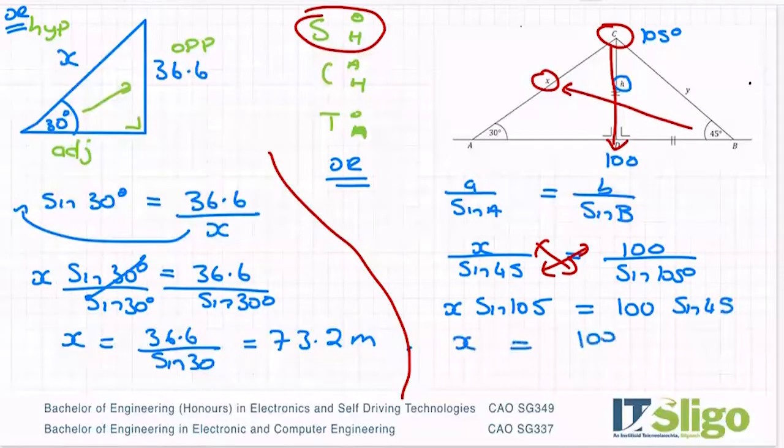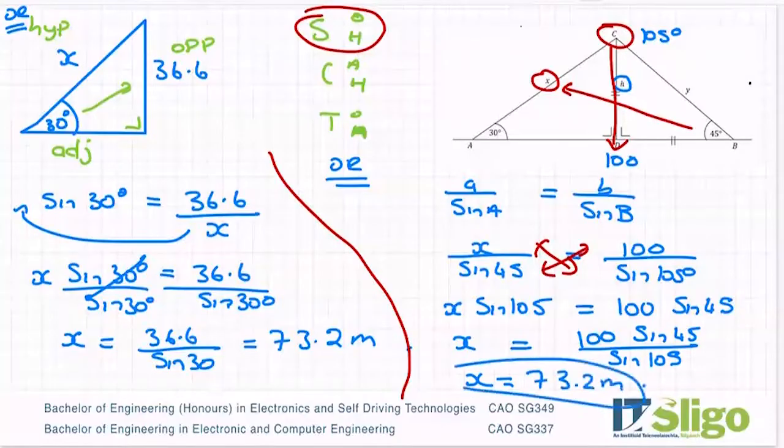Divide across by sine 105. Hit the fraction button. 100 sine 45 over sine 105. And not surprisingly, I get 73.2 meters again. So that's my point, they all give you the same answers.